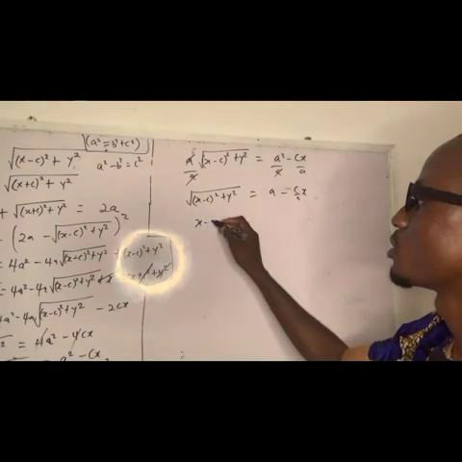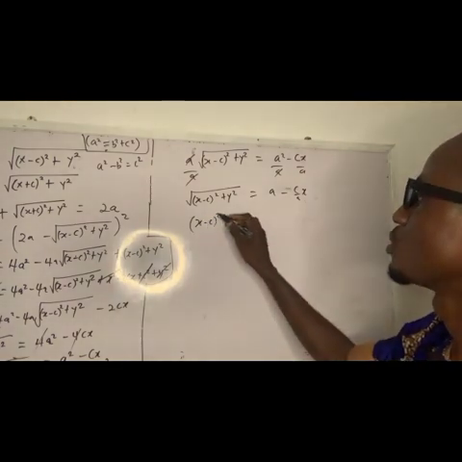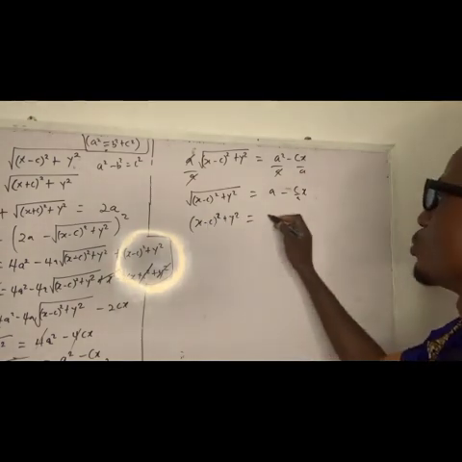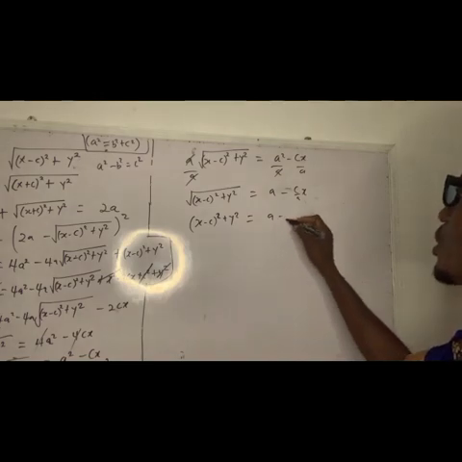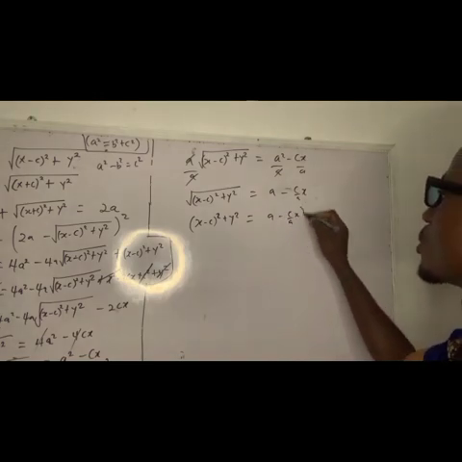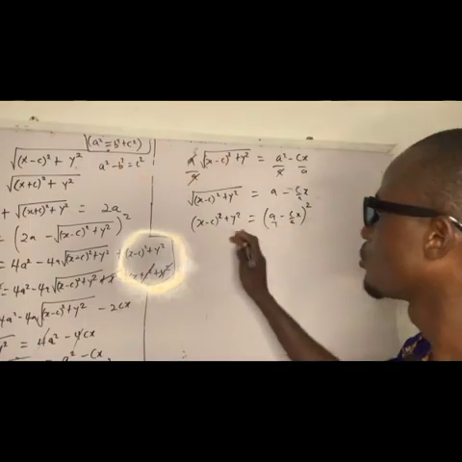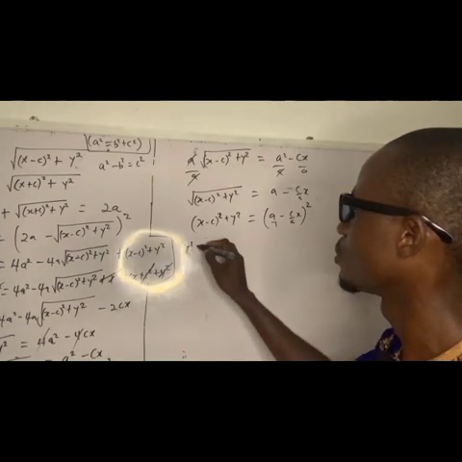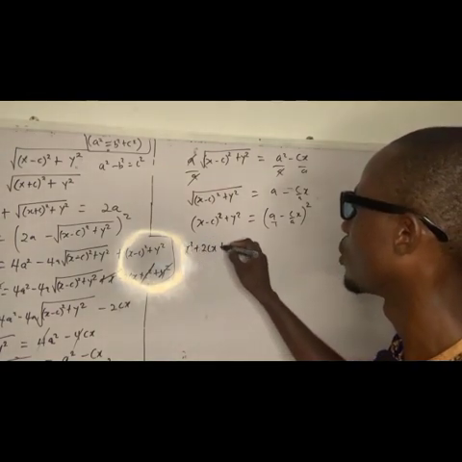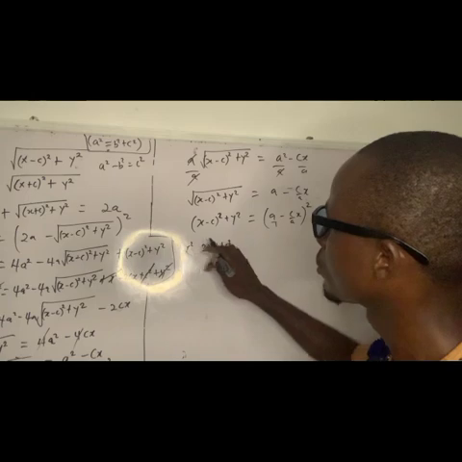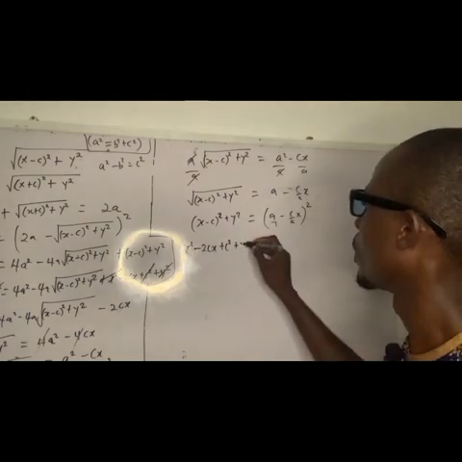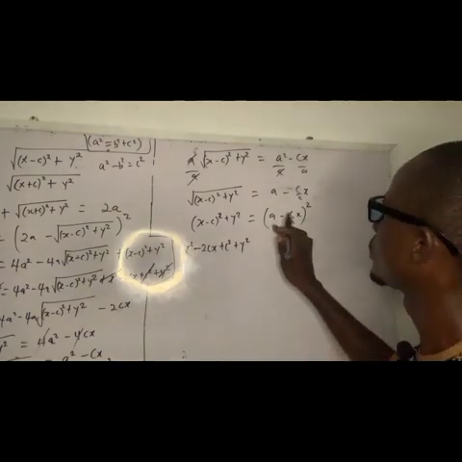So we have (x minus c) squared plus y squared. After squaring both sides, then you have this (a minus c over a x) all squared. Let us expand both sides. So this will give us x squared minus 2cx plus c squared, plus y squared. Then we expand this.